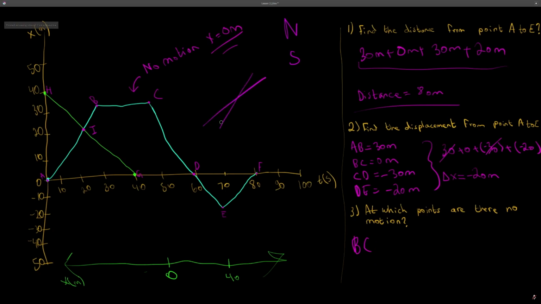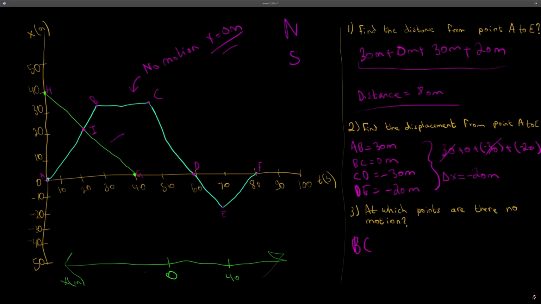One, in a position time graph when they intersect from the same direction, so they're both moving like this, it means that one is surpassing the other. We saw this example earlier. Now, when one is moving in this direction and one is moving in this direction, it means that they are moving in opposite directions.